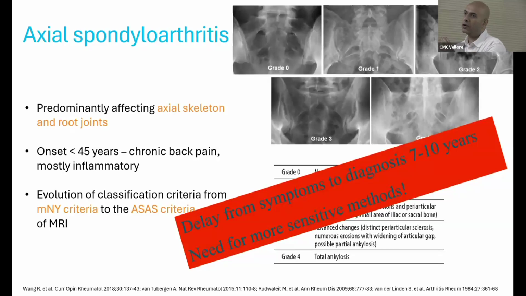But on the other side, the trajectory of molecules, what you have today in terms of treatment is absolutely fantastic, because it's just taken off for the past 20 years, and we have a fantastic group of medicines which can curtail the damage if detected early. So the problem is, once you reach grade 3 or grade 4, you can still modify structural progression, but you can't really prevent it because it's already happened.